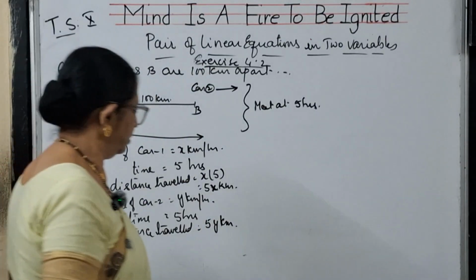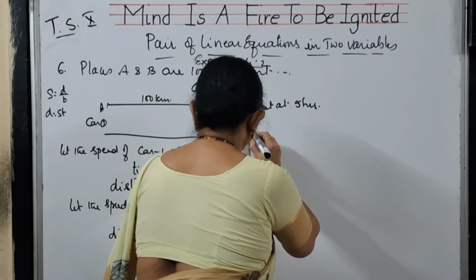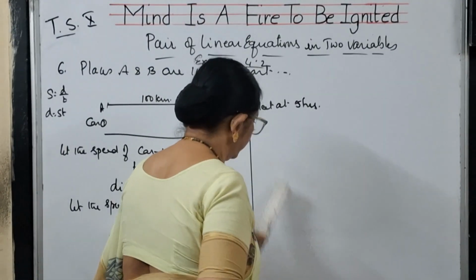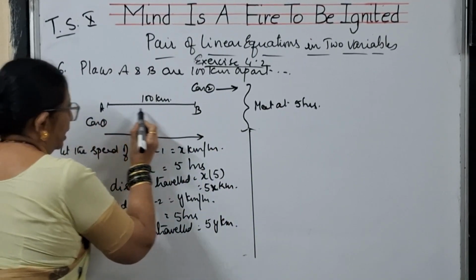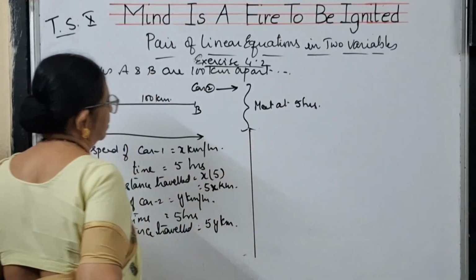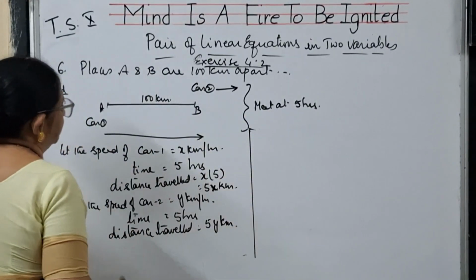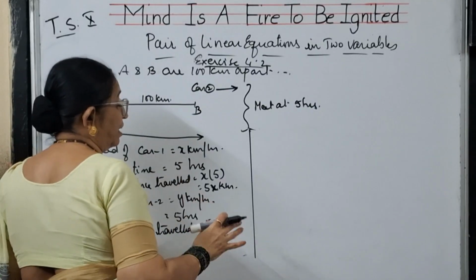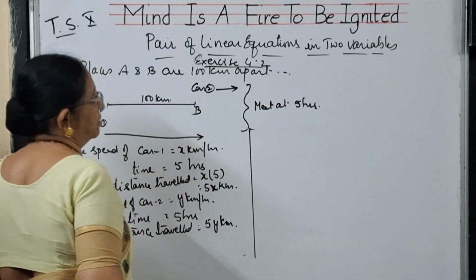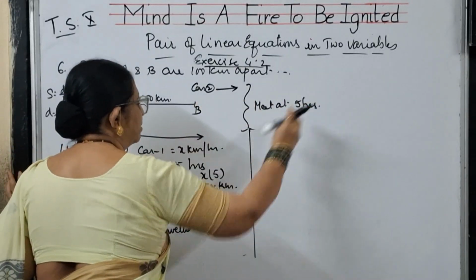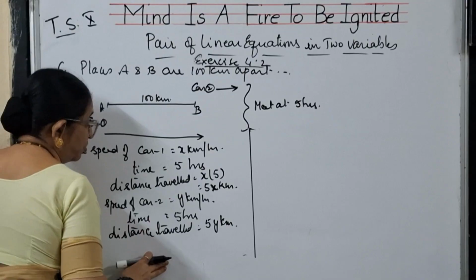But here, let us understand one point. Car 1 has started from here and it has covered some distance. Car 2 started here and covered some distance. What is the distance traveled by them? Car A will be 100 kilometers and some distance. Car B is only that distance. What is the equation that you can say?